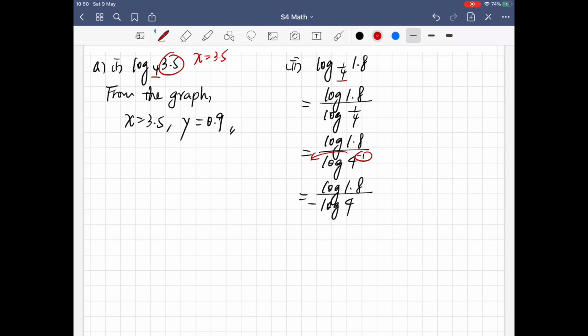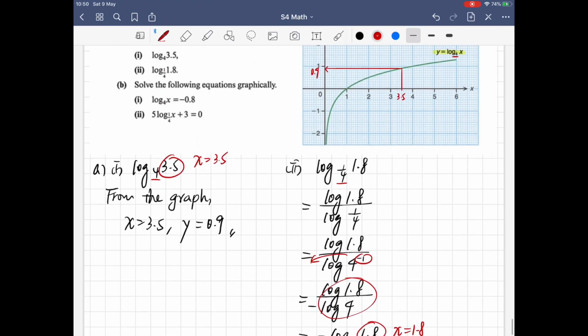We will group log 1.8 over log 4 again, so that we have negative log 1.8 with base 4. So therefore, now we have the base 4, and we can directly use the value 1.8, and we have x equals 1.8.